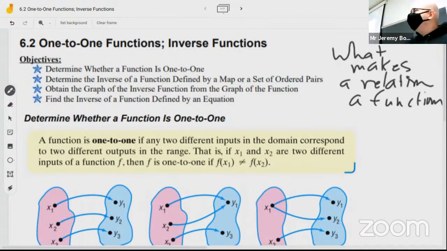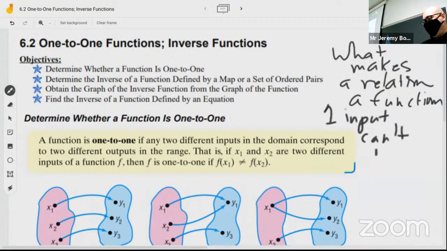You can do the vertical line test, yeah. But what's the underlying reason that the vertical line test tells us that? You remember? You're close. One input can't map to more than one output.